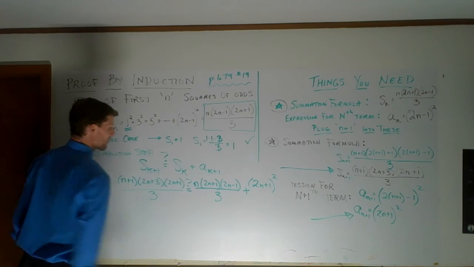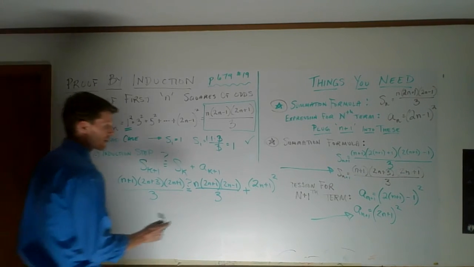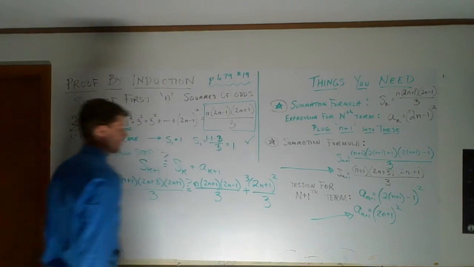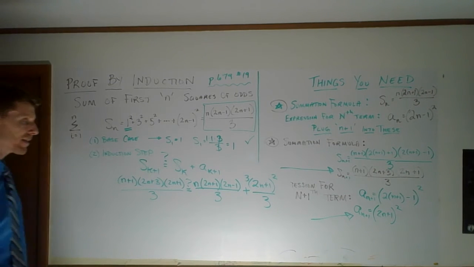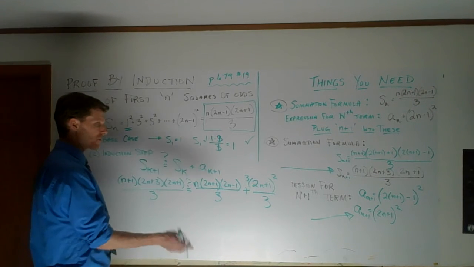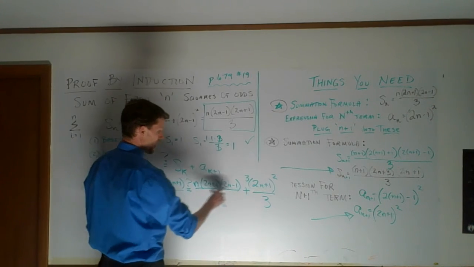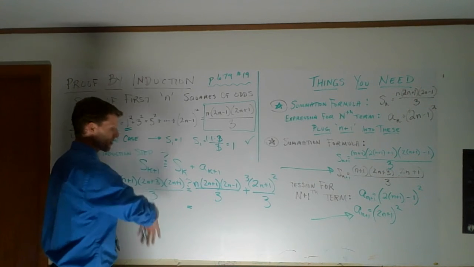I'm wondering, are these things going to come out to be the same? This is the first one that's kind of messy. Get common denominators. And again, I'm going to save myself some effort. I'm going to factor by grouping. I have a 2n plus 1 and a 2n plus 1. I'm going to factor that out.